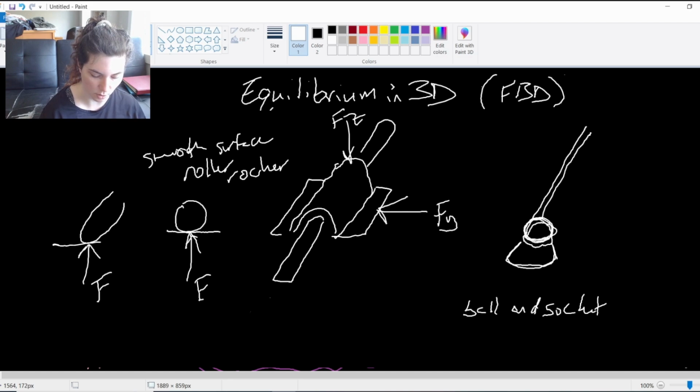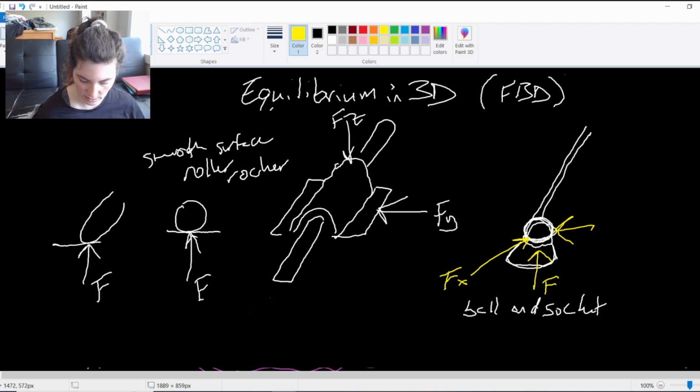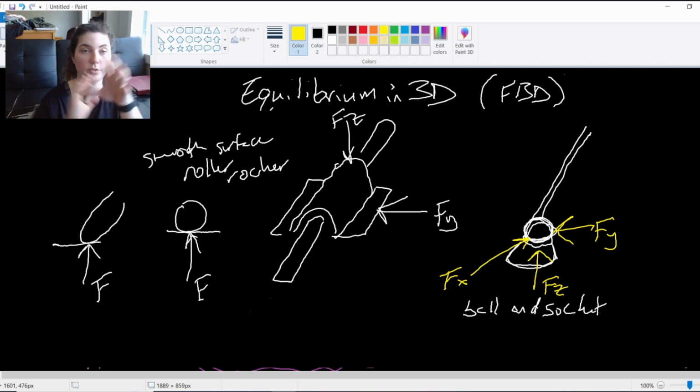And this support reaction applies 3 forces, right? So it supports in the X, Y, and Z directions, but it allows for freedom of rotation, freedom of movement, so there's no moment support reaction here. But it constrains in all 3 force directions, X, Y, and Z.